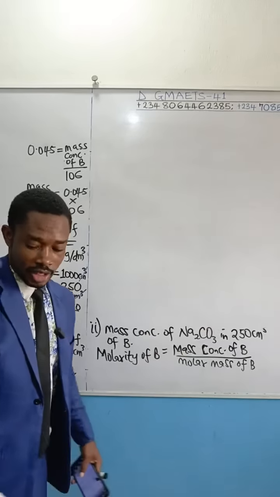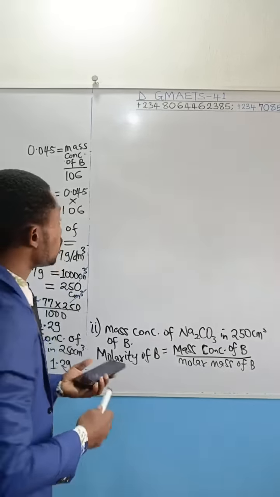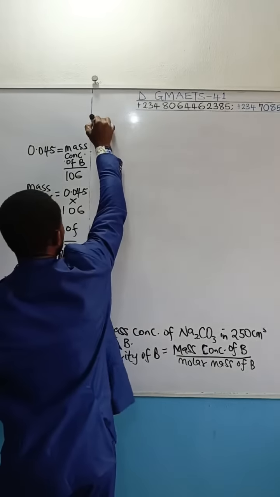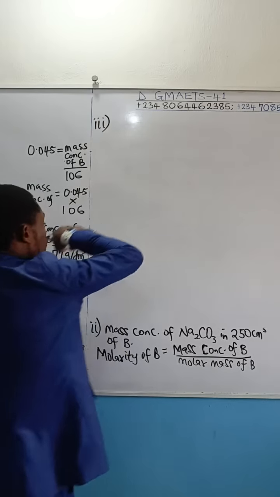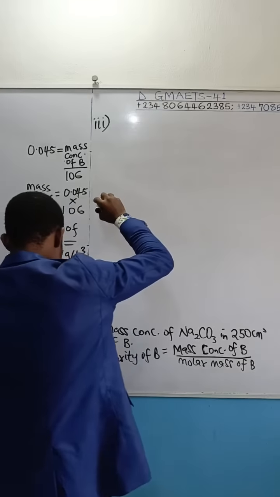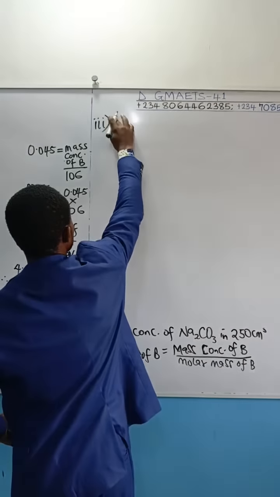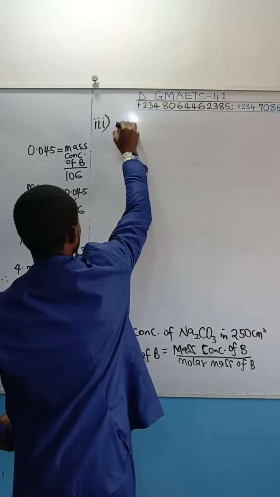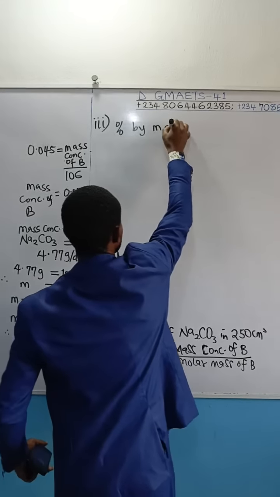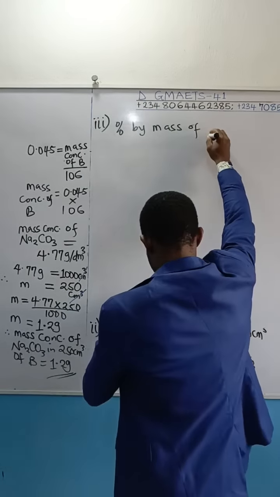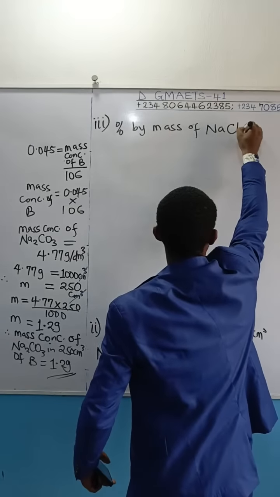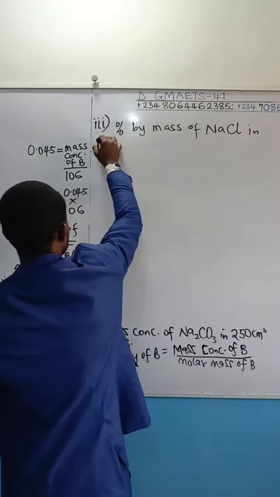Okay, let me stop at this point, because this space should be enough for the third and last part of the question. So we have to find the percentage. We write this percentage by mass of sodium chloride in the mixture.